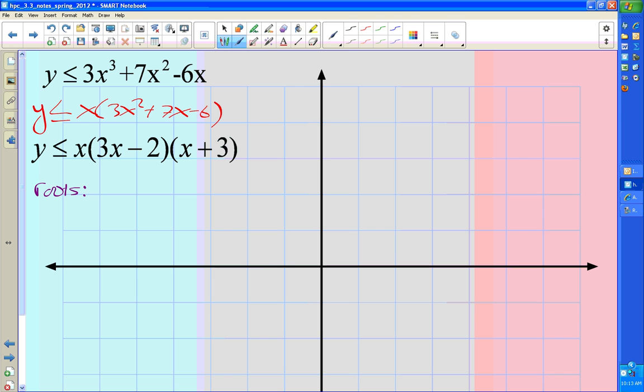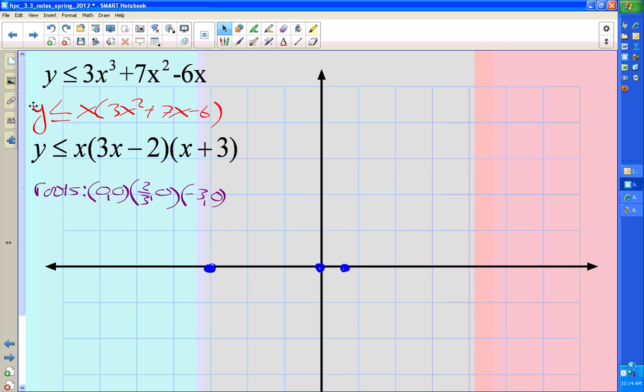What are your roots going to be? 0, 0, 0. The lovely and talented 2/3, 0 and negative 3, 0. So graph those, are we going to be solid or dotted? Solid. So we're going to have solid intercepts at -3, at 0, and at 2/3.